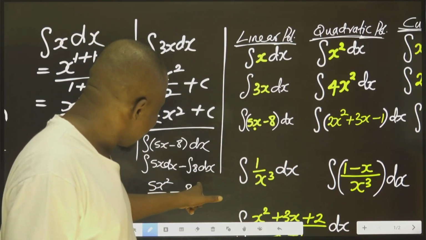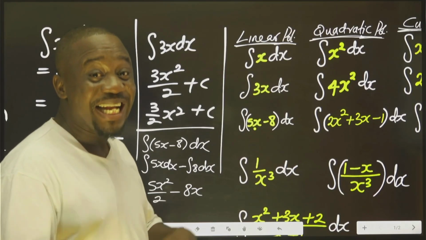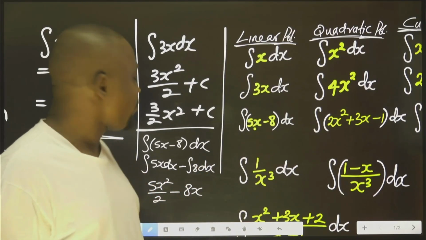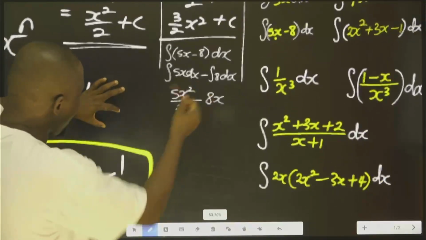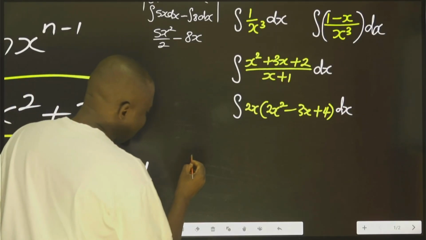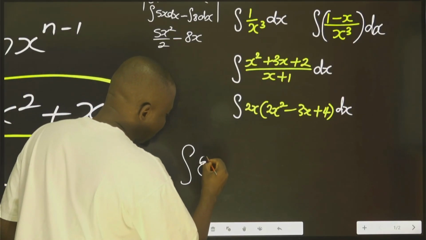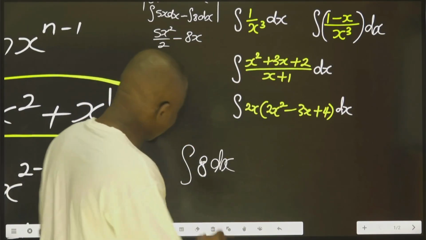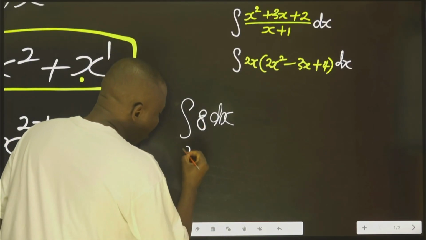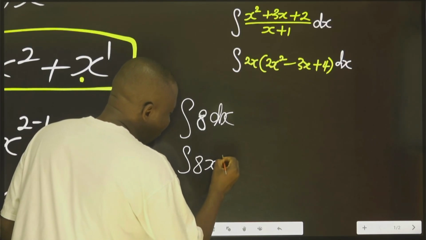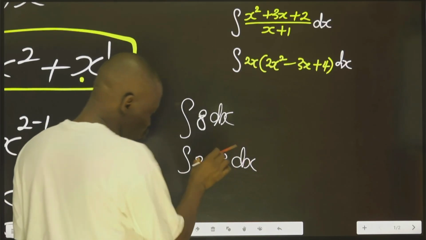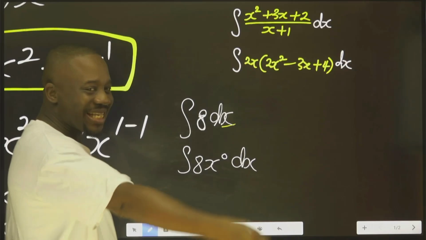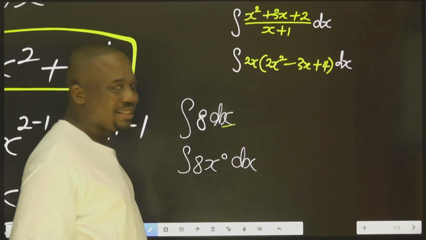Where am I getting x? That is what? The integration of a constant. Let me show you. Before we come back there, let's look at this. Say you have this now, 8 dx. You can write this as 8x raised to power 0, because this dx, x must come in.